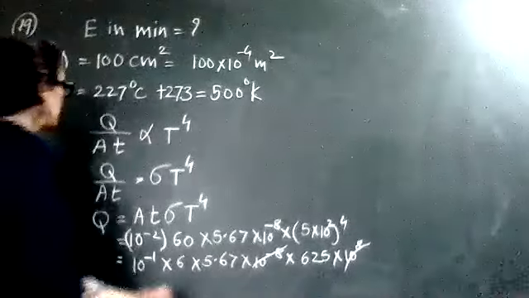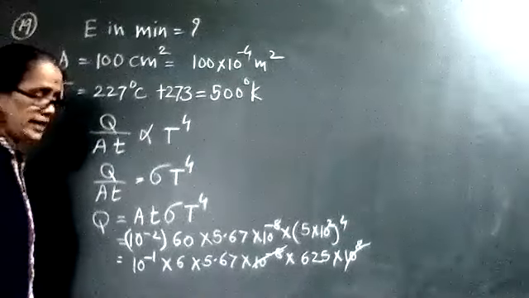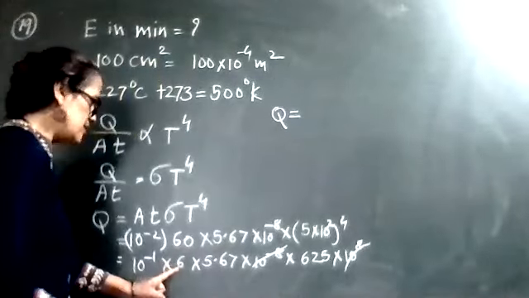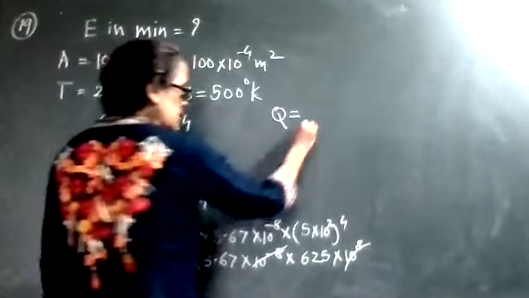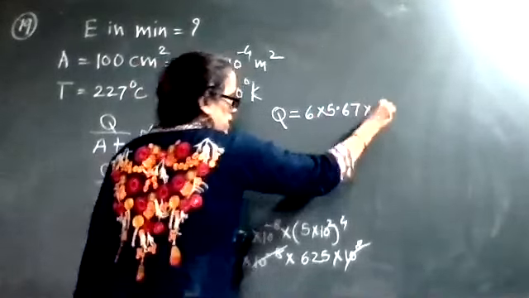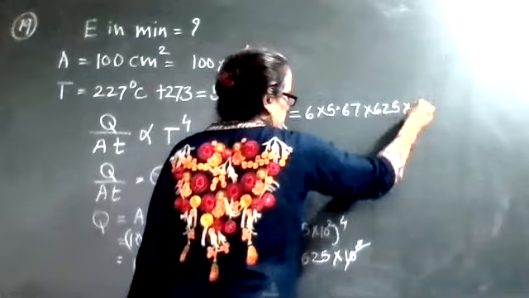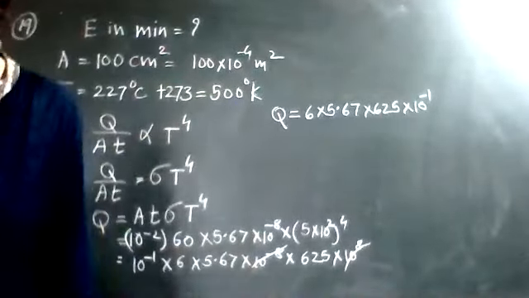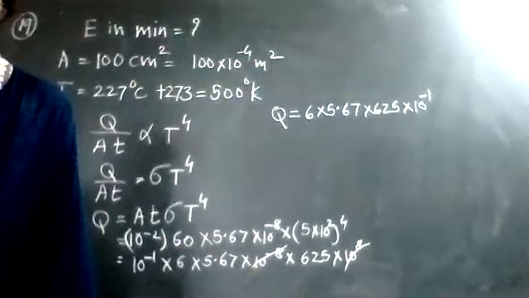So that is nothing but your energy radiated. So I will say energy radiated in 1 minute is 6 multiplied by 5.67 multiplied by 625 multiplied by 10 raised to minus 1. So I'll do all this calculation, and I will get my final answer.